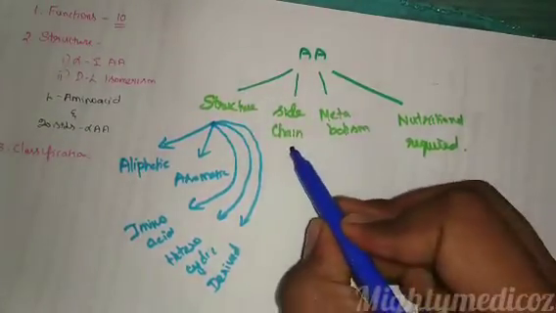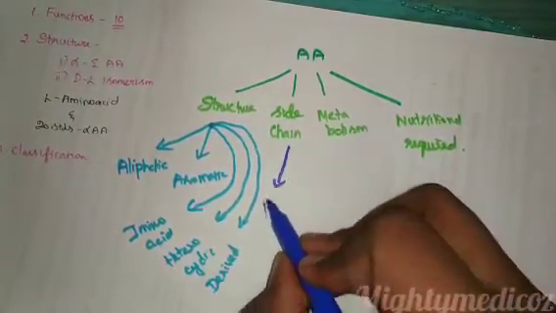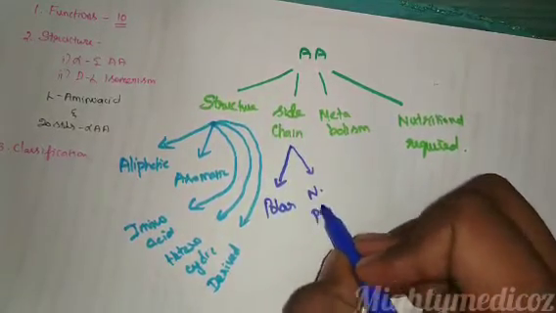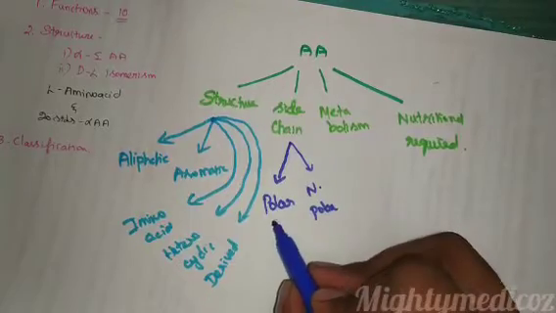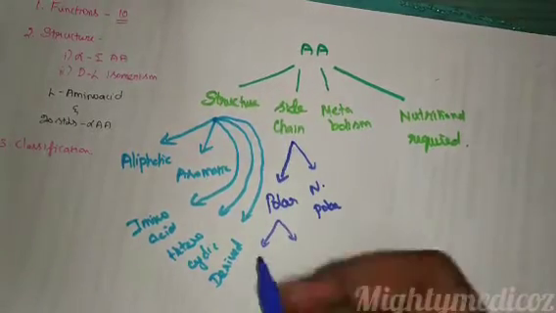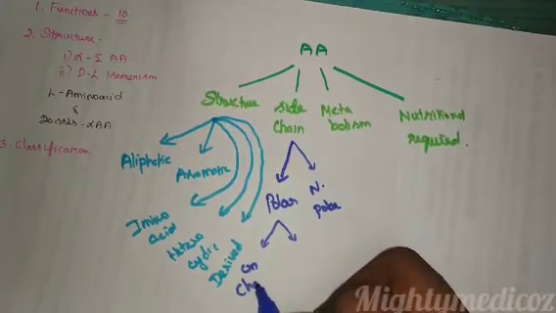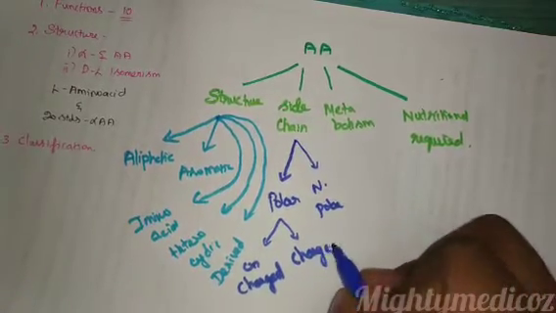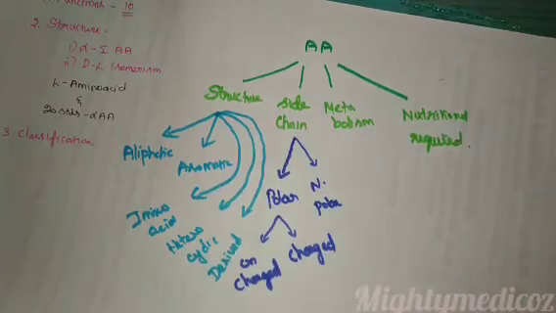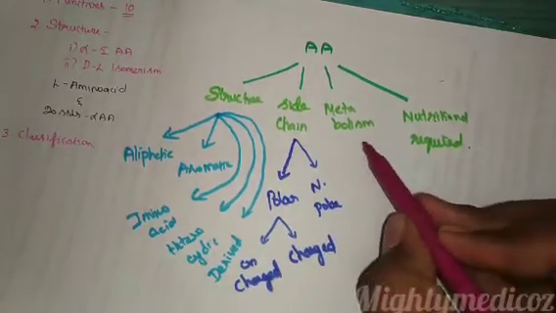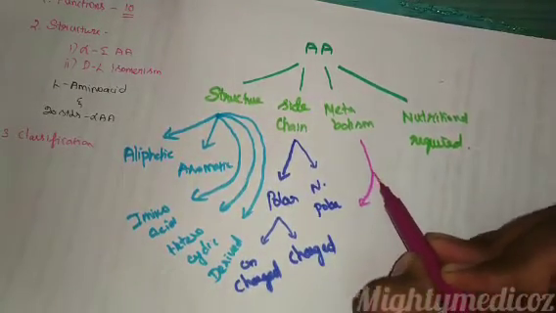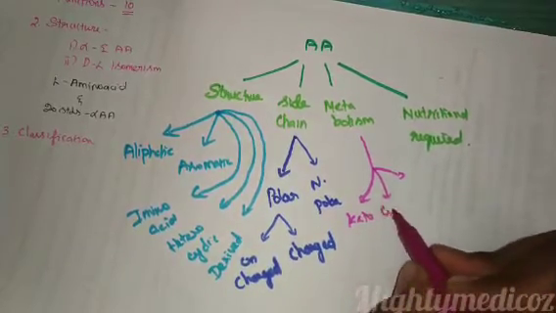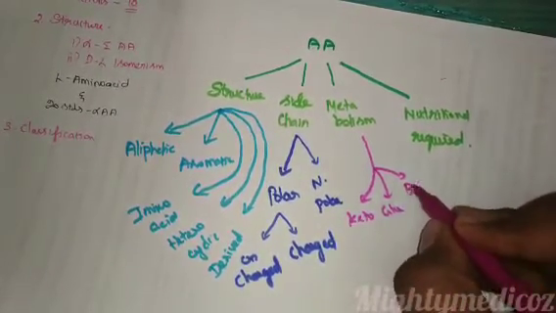Based on side chain we have polar and non-polar. Polar is sub-classified into uncharged polar side chain amino acids and charged polar side chain amino acids. Based on metabolism we have three classifications: ketogenic, glucogenic, and both ketogenic and glucogenic.